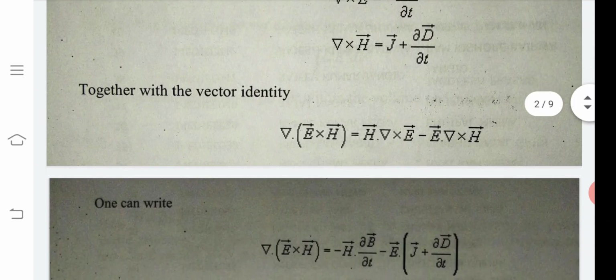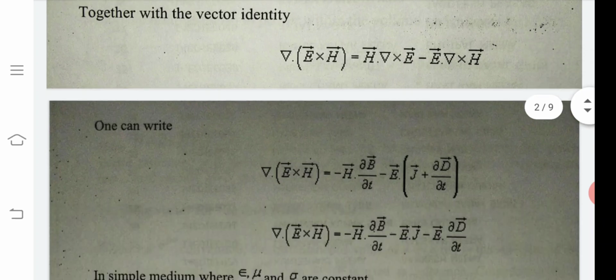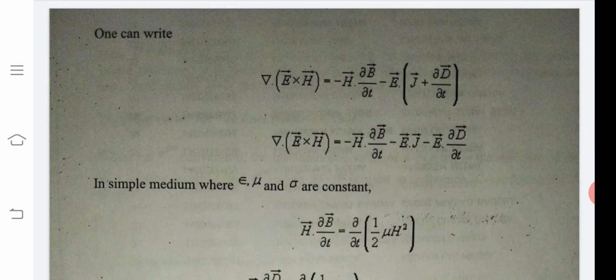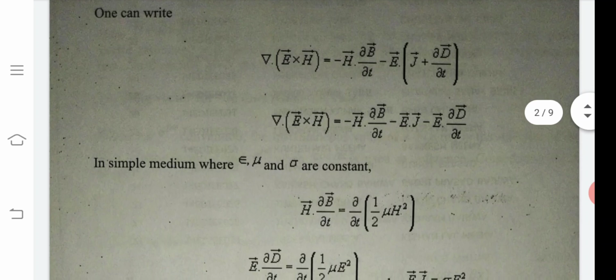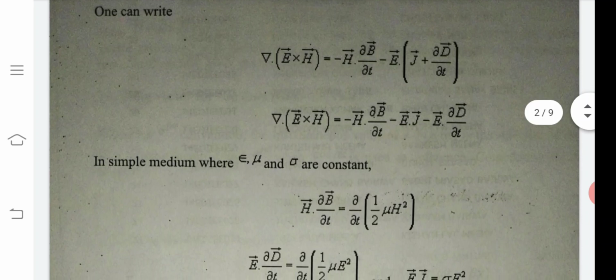Together with the vector identity, ∇·(E×H) = H·(∇×E) − E·(∇×H), we can write this equation as ∇·(E×H) = −H·∂B/∂t − E·(J + ∂D/∂t). So ∇·(E×H) = −H·∂B/∂t − E·J − E·∂D/∂t.